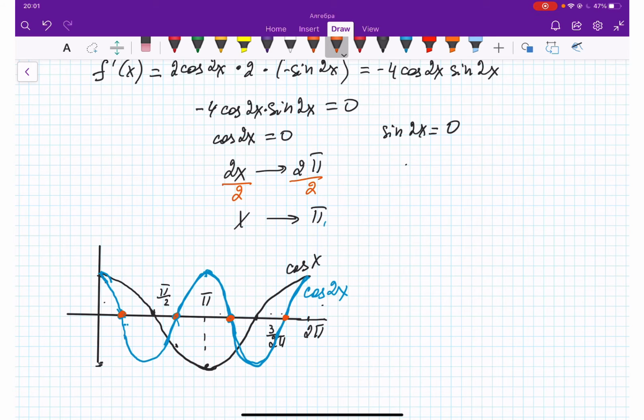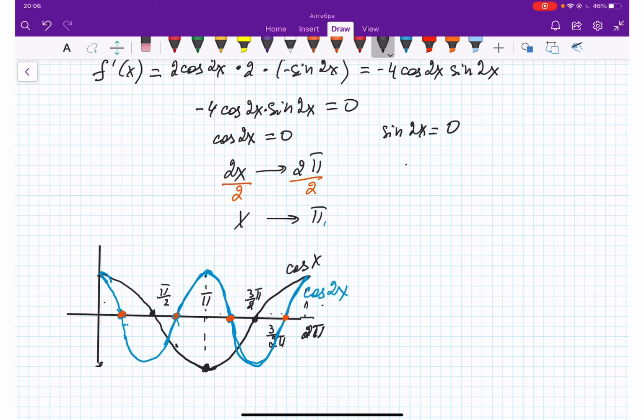So let's see. This point is pi over 2. This is going to be 1 pi. Here we have 3 over 2 pi. And finally we have 2 pi.